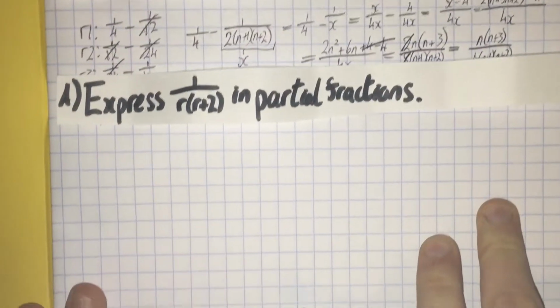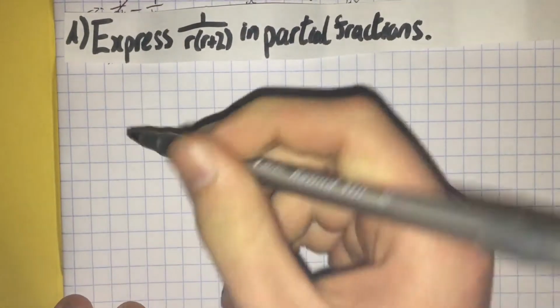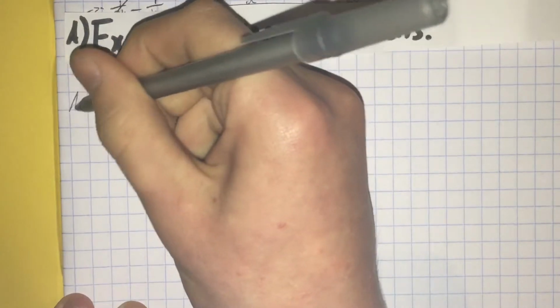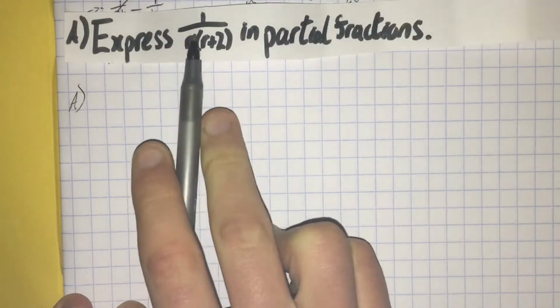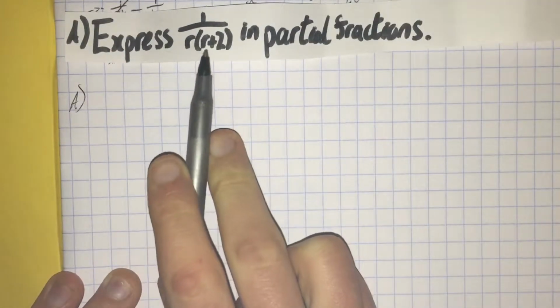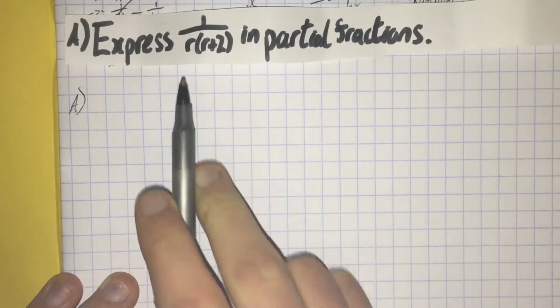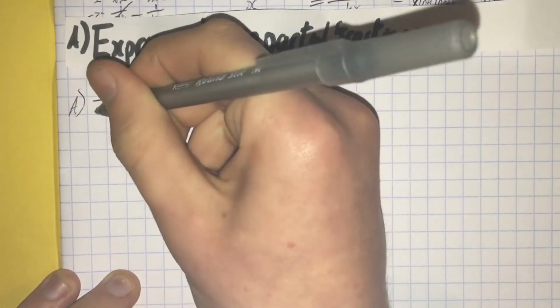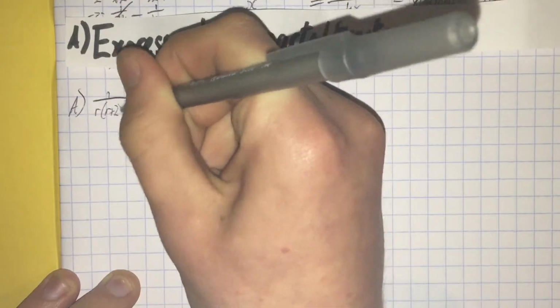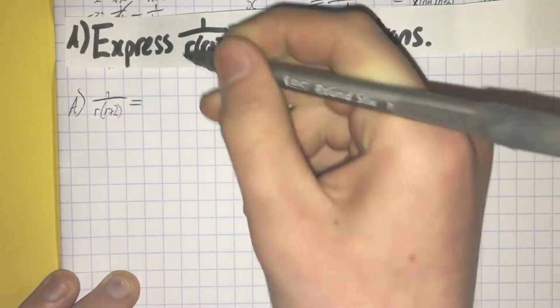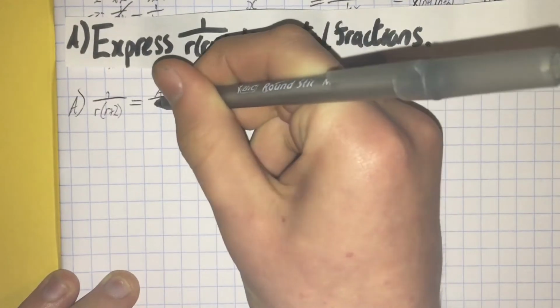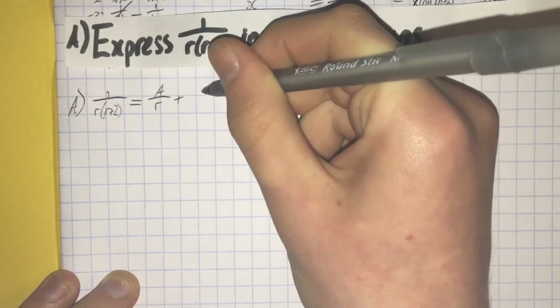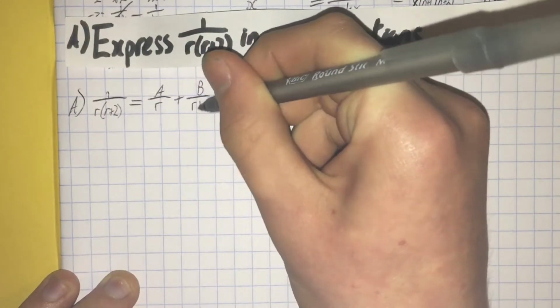So, part A, we have got 1 over r times r plus 2, and that will equal a over r plus b over r plus 2.